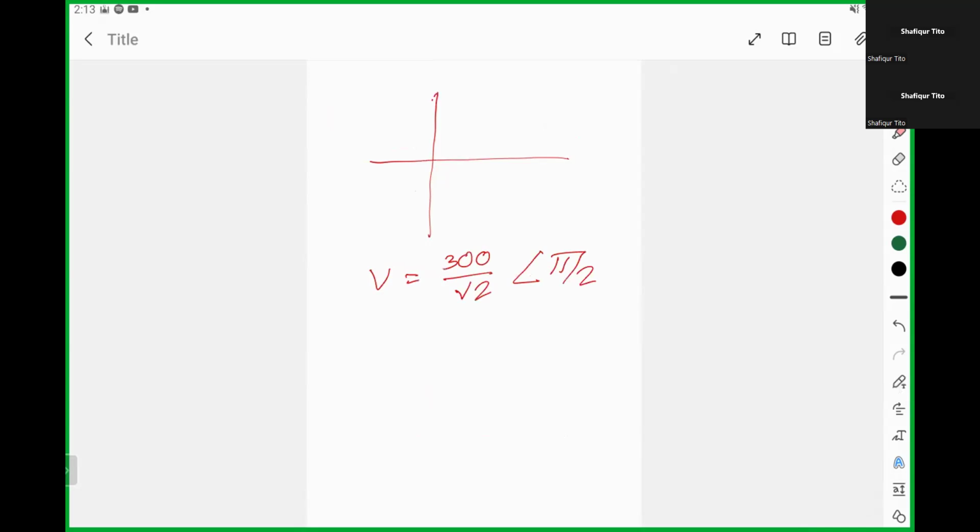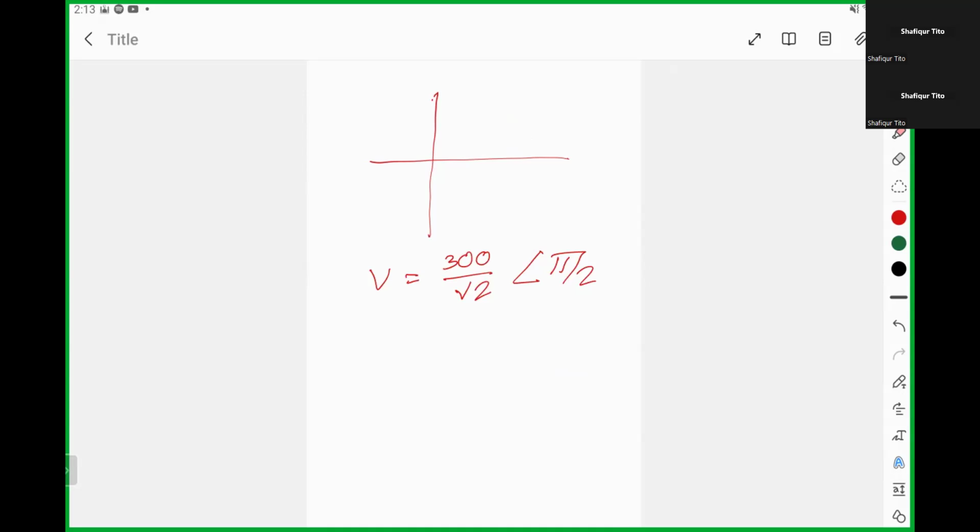This is the polar representation, and there should be a graphical representation for this. What is the graphical representation of this polar form? This is a mathematical expression.